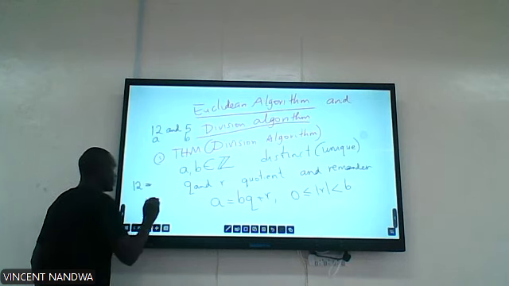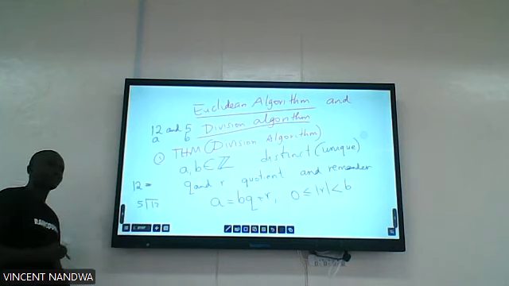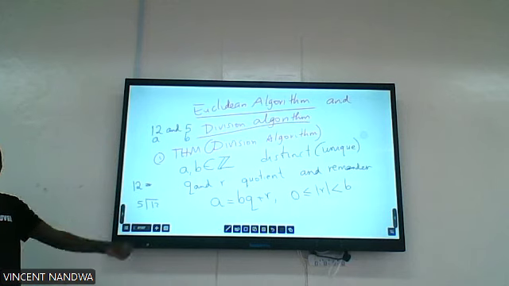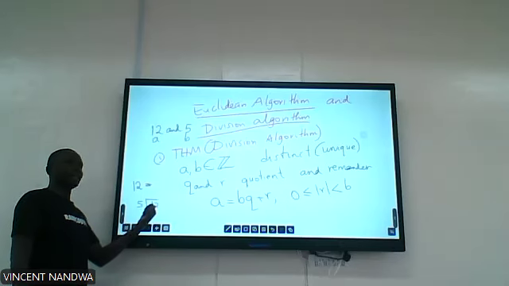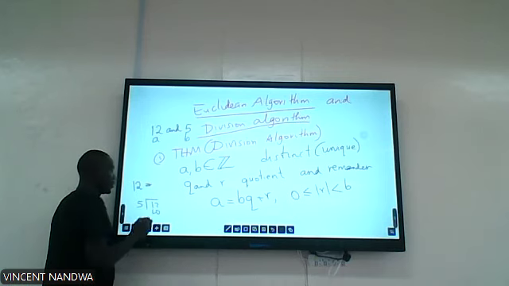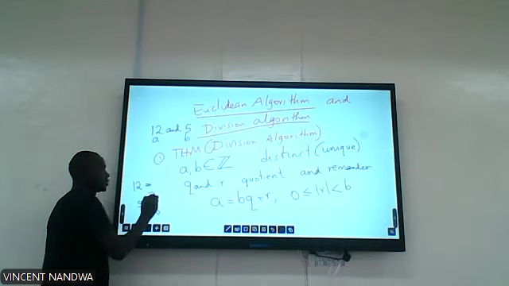So usually we do this, then you put 5 here. So closest multiple of 5 to 12. Closest in the sense that it is less than or equal to 12, but strictly less than 12. 10, okay? So how many times? So 2.